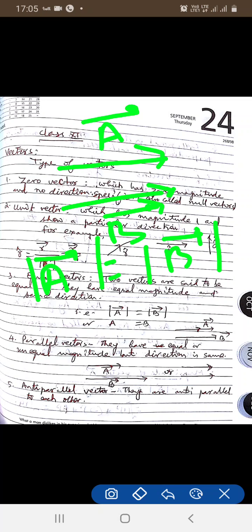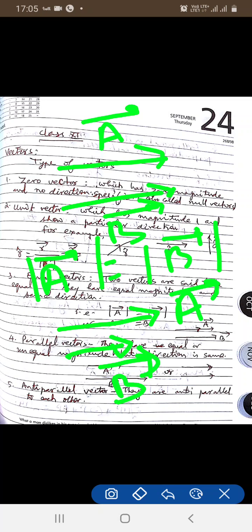But in parallel vectors they have also the same direction. Here I put vector A and here I put vector B, but magnitude is not equal.